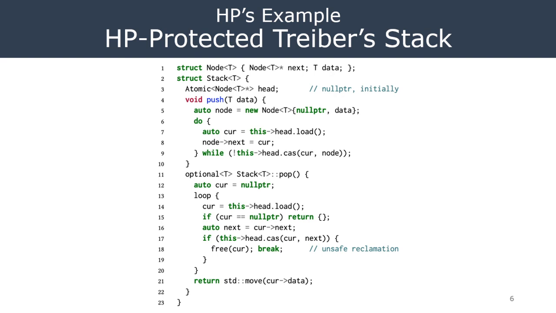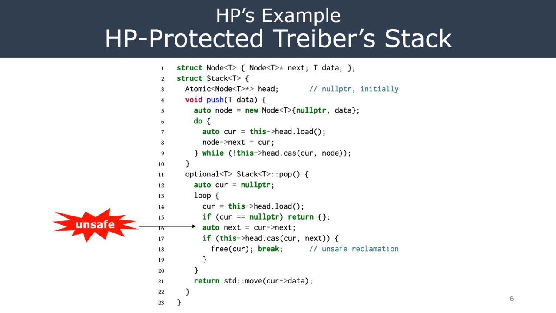It has omitted the orderings, but except for the syntactical differences and the ordering differences, it is identical with the driver stack in the repository, which was already discussed in some of the earlier videos. How do we apply hazard pointers in this example? That is basically the topic of this slide.